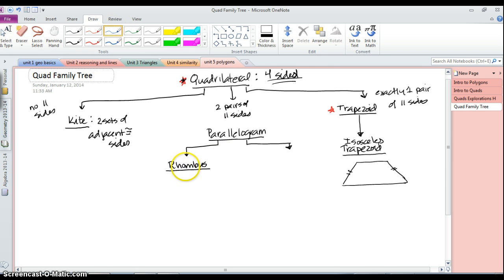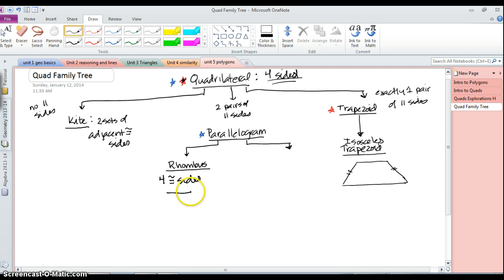Now, we already know, because this is a family tree, that the rhombus has all the characteristics of a parallelogram, all the characteristics of a quad, and then something that makes it uniquely different. And that thing is that it has 4 congruent sides.